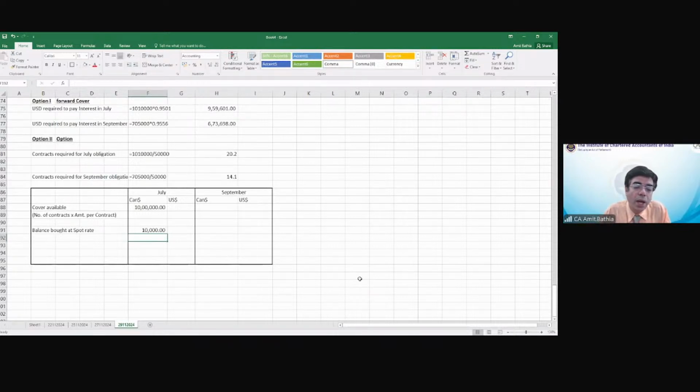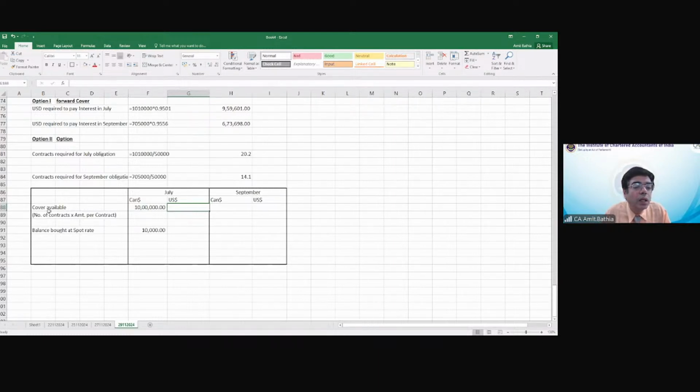Now remember, I am an American firm. I need Canadian dollars 10 lakhs and 10,000 to pay my interest obligation in the month of July. I will need to convert this into dollar terms, my local currency. Since I am booking an option, the option of 1 month is going to be priced at what?